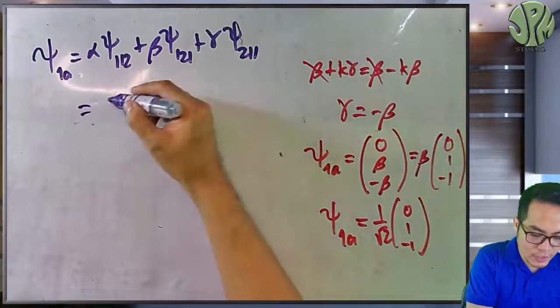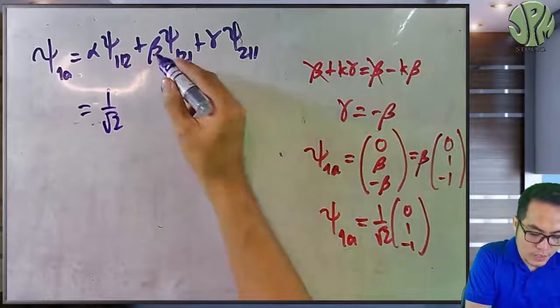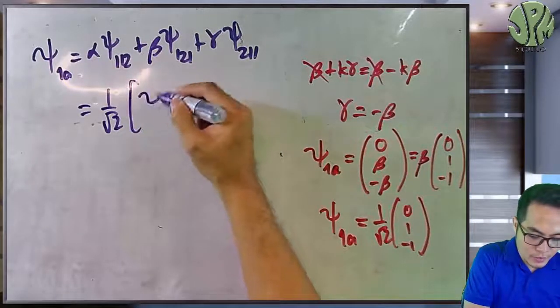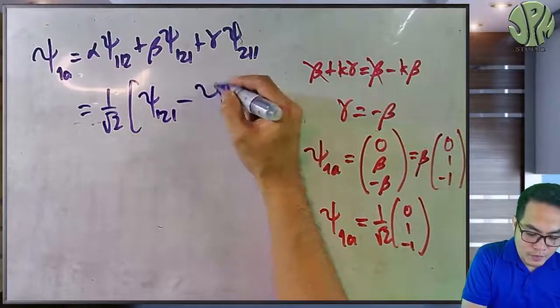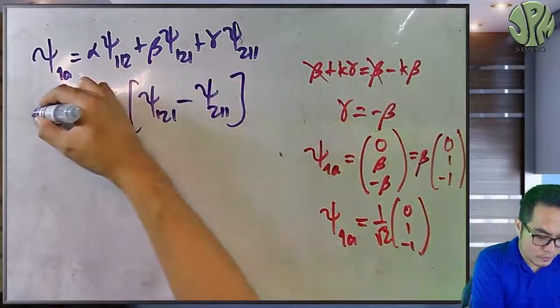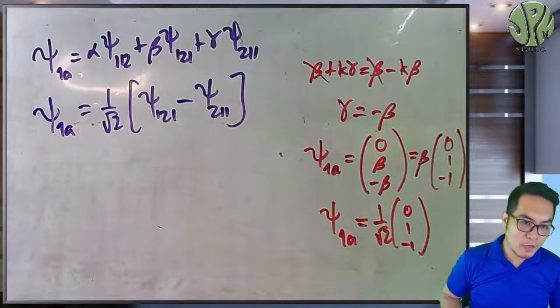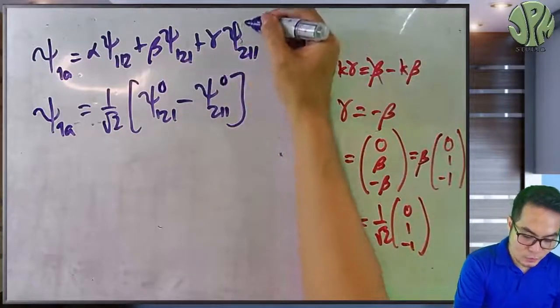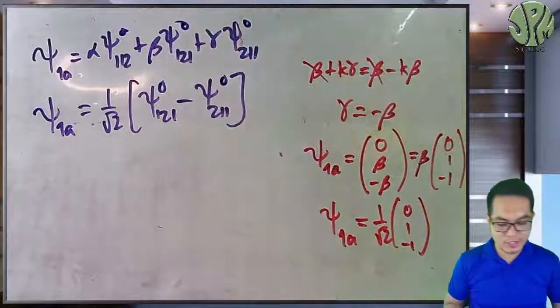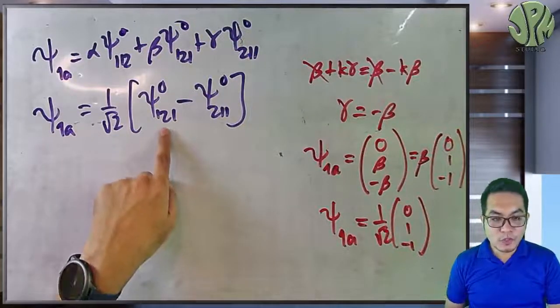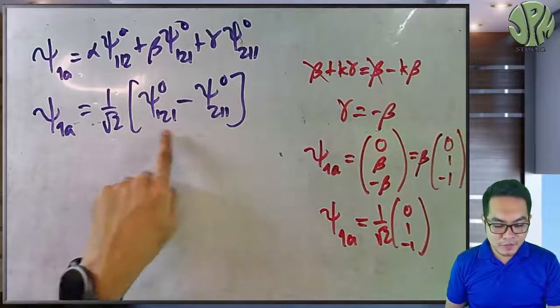So you will get 1 over square root of 2, which is our beta, times psi 121 minus psi 211. So this is our psi 1a, 1 over square root of 2 times psi 121 minus psi 211. So we know the expanded version of this.